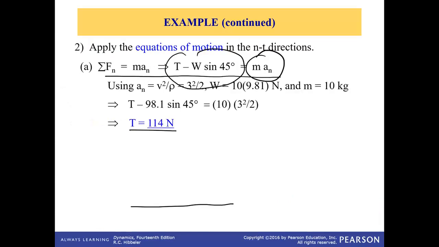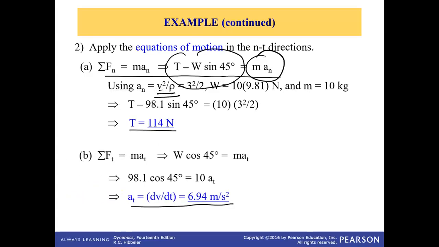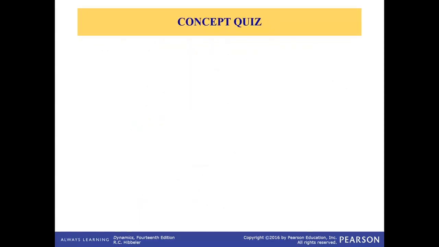And we have studied that normal acceleration is v squared divided by radius of curvature in chapter 12. We have been given the velocity. We also know the radius of curvature, which is the radius of that circle. And that helps us to calculate T. The sum of forces in tangential direction includes only one force, W cosine 45, equal to m a_t. That gives us the value of a_t, which is 6.94.